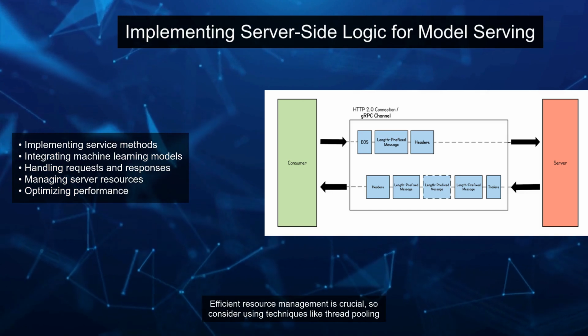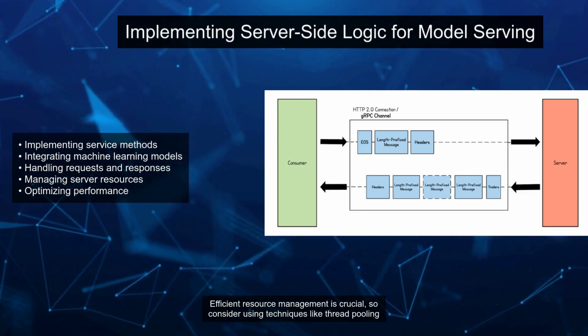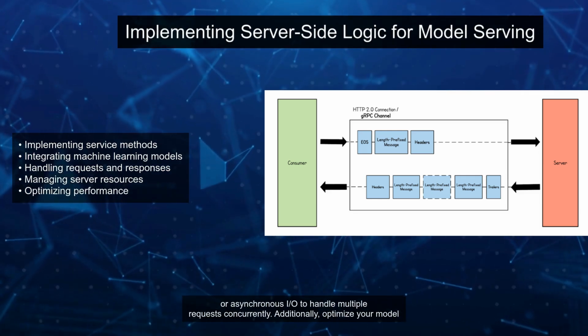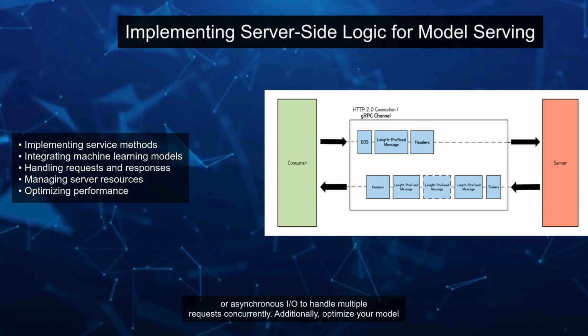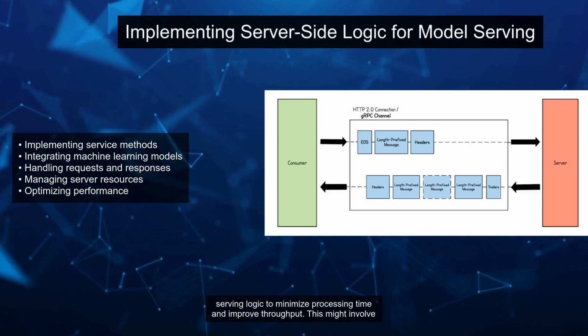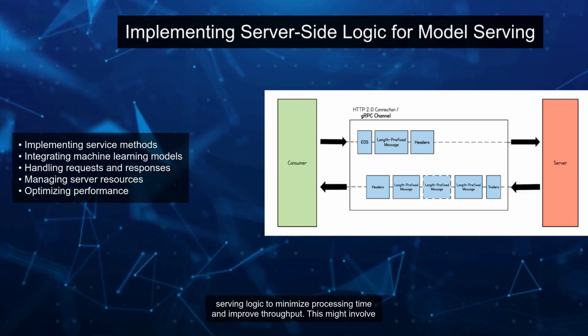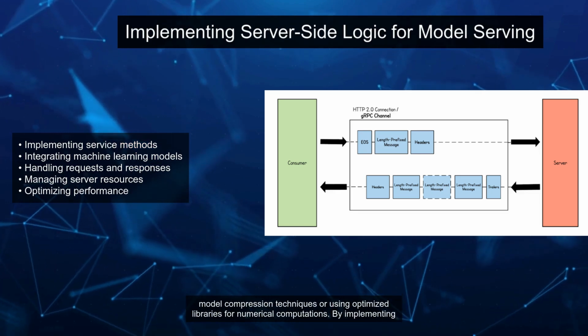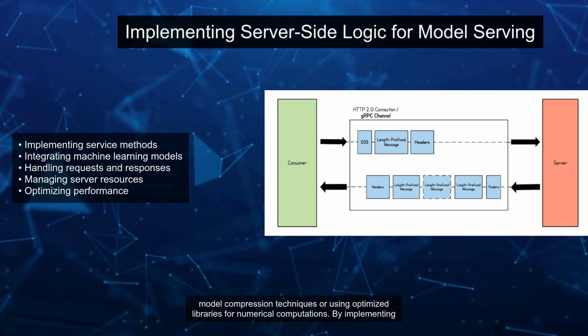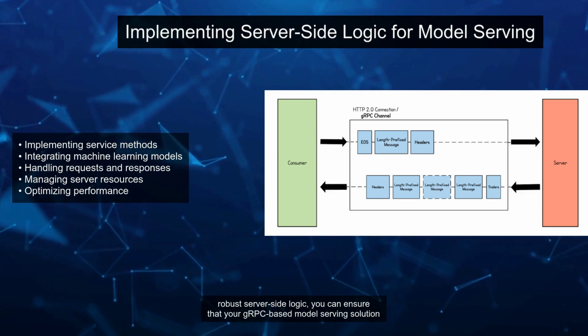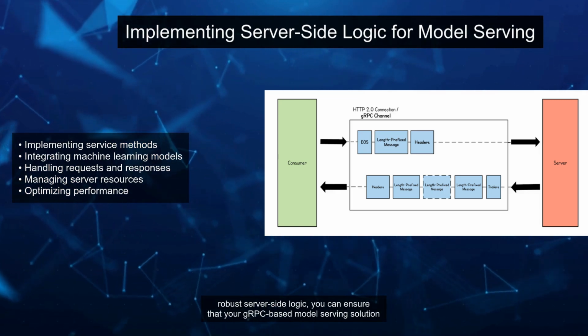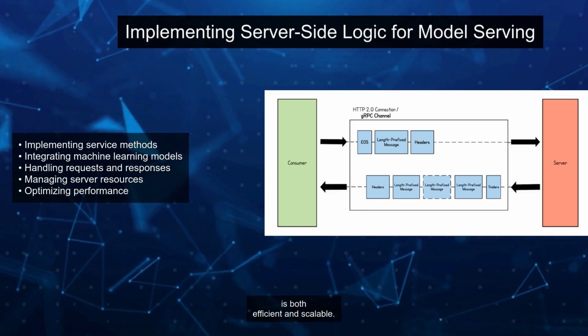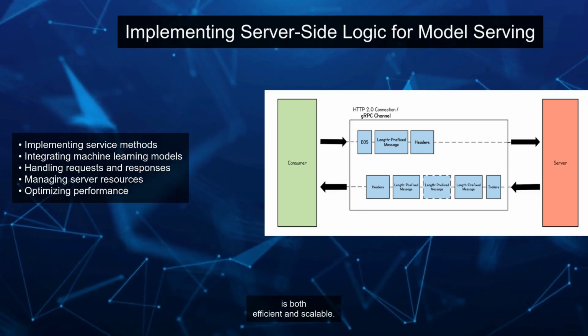Efficient resource management is crucial, so consider using techniques like thread pooling or asynchronous I/O to handle multiple requests concurrently. Additionally, optimize your model serving logic to minimize processing time and improve throughput. This might involve model compression techniques or using optimized libraries for numerical computations. By implementing robust server-side logic, you can ensure that your gRPC-based model serving solution is both efficient and scalable.